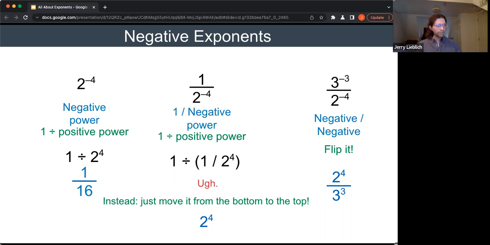If, however, we had another case, let's imagine we've got 3 to the positive 3rd over 2 to the negative 4th. 2 is the only one that's negative here, so we're going to leave that 3 right where it is. And the 2 is just going to move from the bottom to the top. We would just multiply these together.